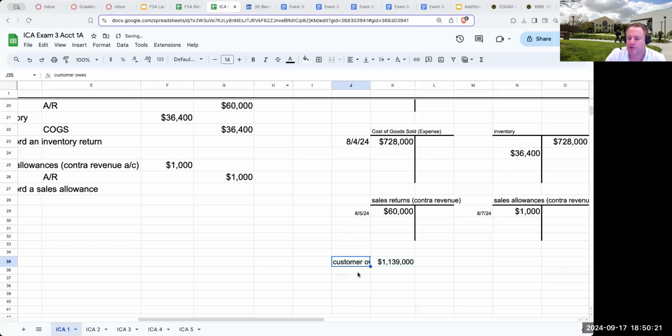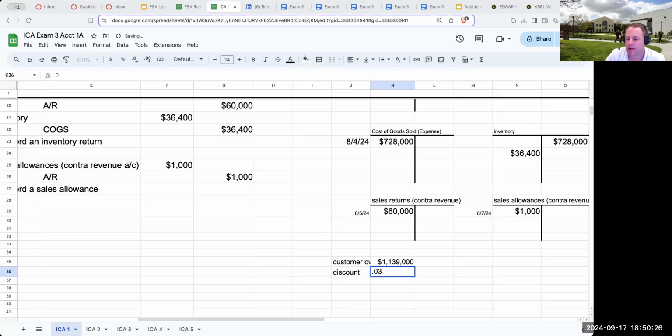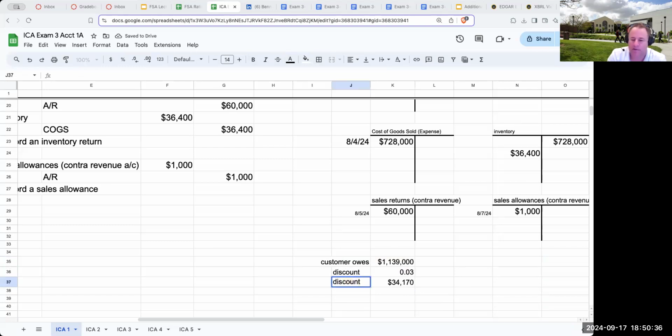They're going to receive a discount of 3%, right? So if I take the 1,139,000, I multiply that by the 3% discount, the discount amount is going to be 34,170.